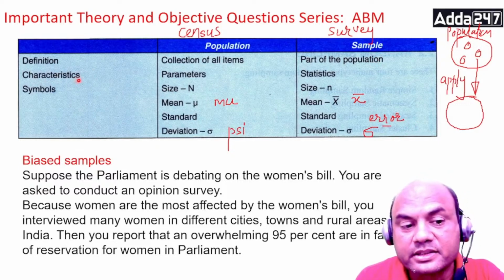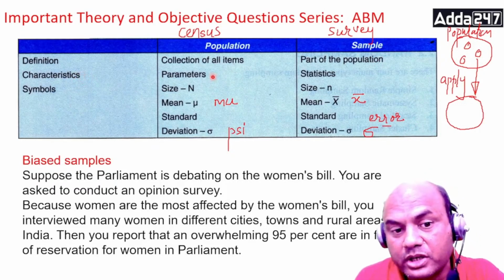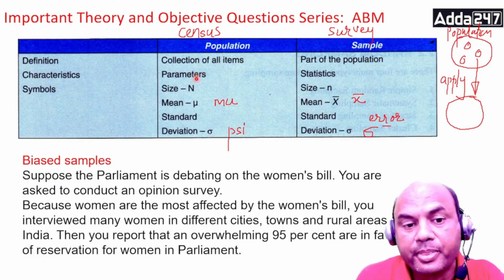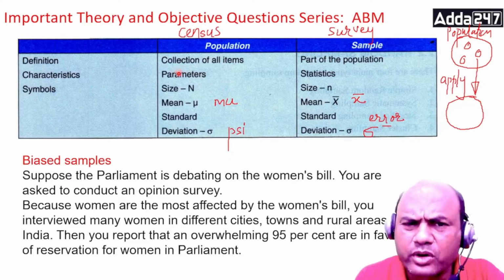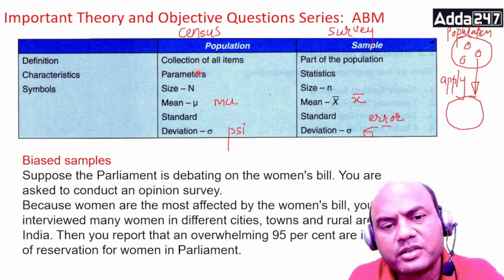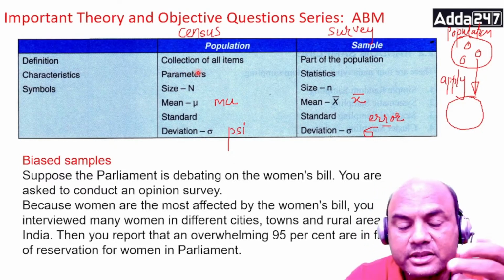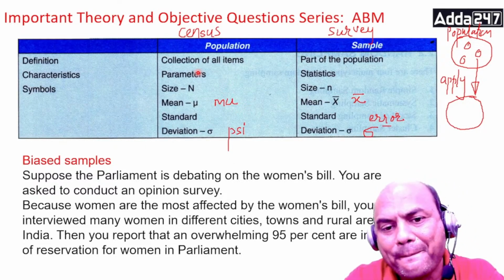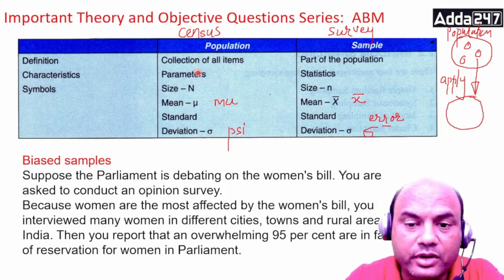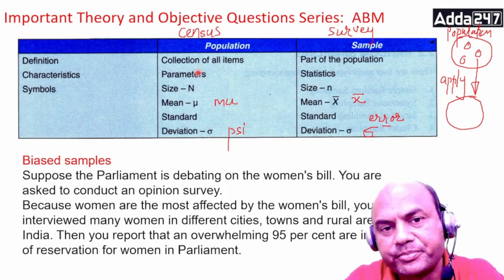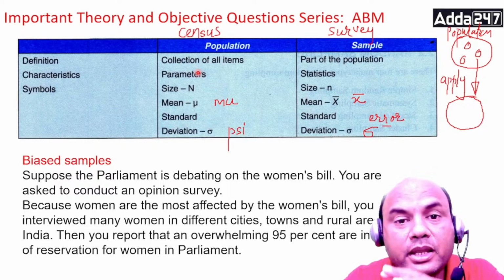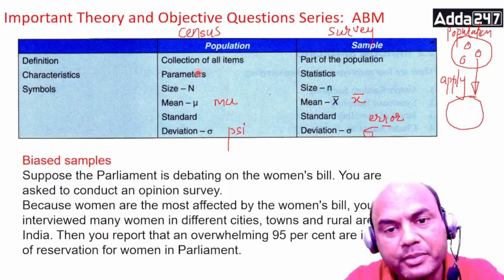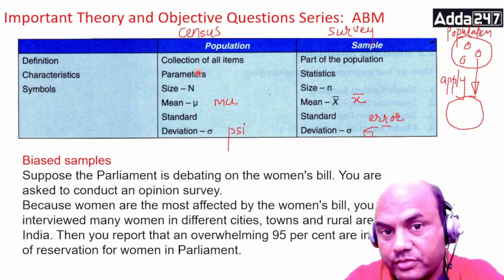What are the characteristics? Whatever I find out for the population is called a parameter. Suppose I find a mean of the population, then it's called a parameter.